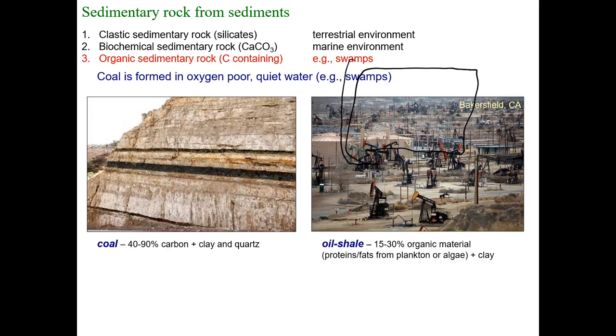So then there's organic sedimentary rocks, which consists of coal. You can also maybe consider oil shale. It's just a rock that contains a lot of organic matter in it. Coal is just ancient organic matter that's been preserved in the rocks.